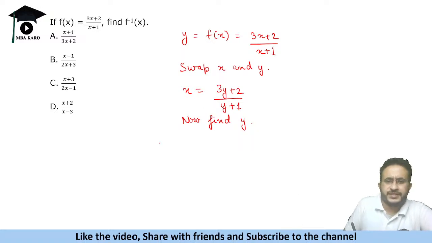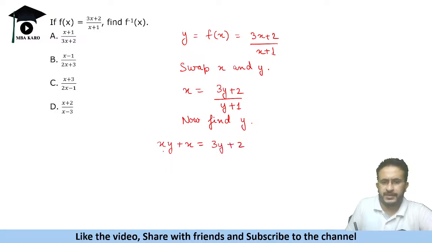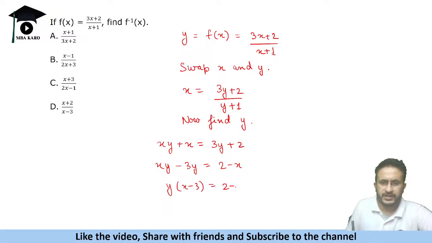So x is this, so we can write xy plus x is equal to 3y plus 2. ठीक है, y निकालना है तो you can take the terms of y together. So xy minus 3y is equal to 2 minus x. Okay, so y of (x minus 3) is 2 minus x.